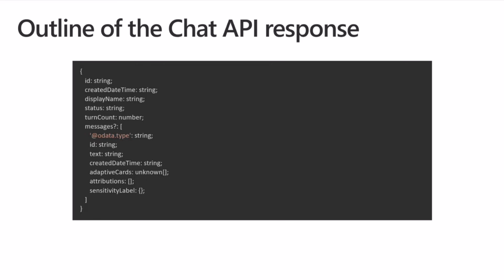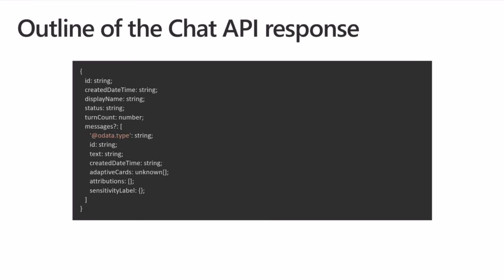When you send such kind of a message to the chat API, you get back a response, which is providing you back the information about the conversation itself in the header part. And then in the messages array, you will get back all of the messages which are part of the current conversation. And for each of them, for example, in the attributions, you will find the citations, if any, in the response.